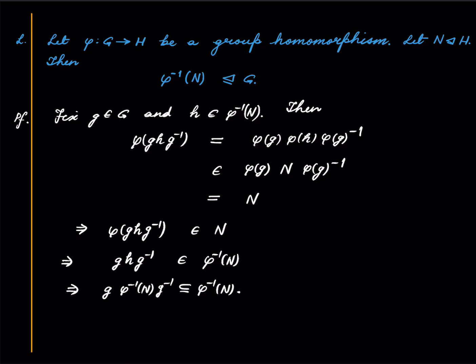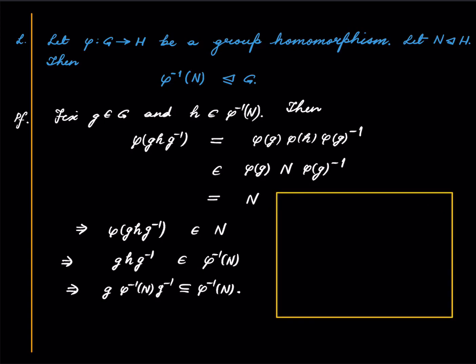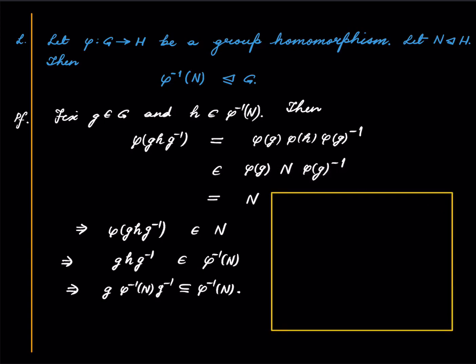So that's one way. But I think one can use the kernel of group homomorphism lemma, which was the first lemma that we showed. So I think this should also work. So we have this group homomorphism, and suppose n appears as the kernel of some homomorphism psi mapping into some group K. So kernel psi is n.